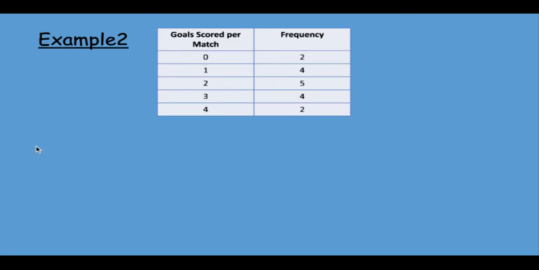So we're going to start with 0 and 0. 1 goal 4 times. So 1, 2, 3, and 4. 2 goals 5 times. 3 goals 4 times. And 4 goals twice.